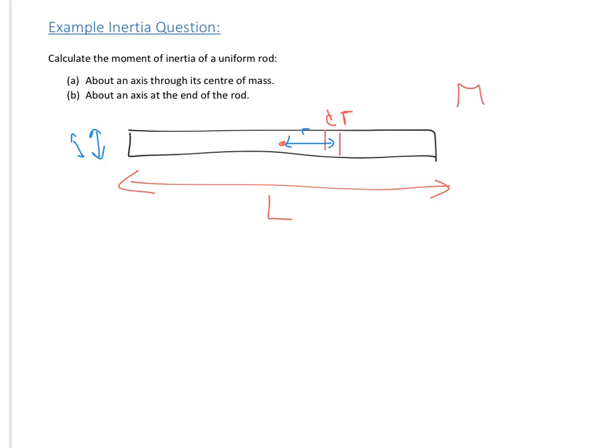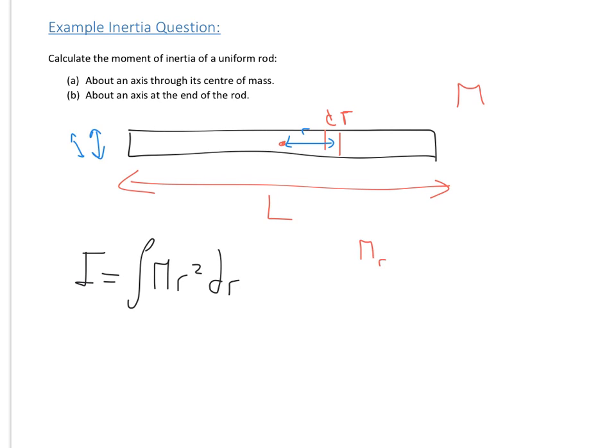So if we remember our equation, to get the moment of inertia, we need to integrate the mass in this form here. So what we need to do is actually express the mass of this small section in terms of a fraction of the whole length. So how are we going to do that?